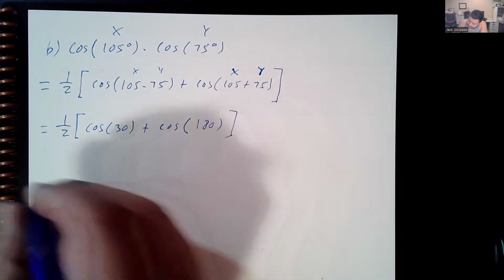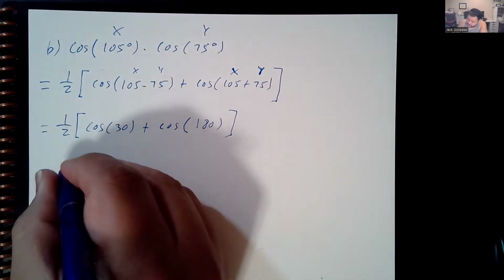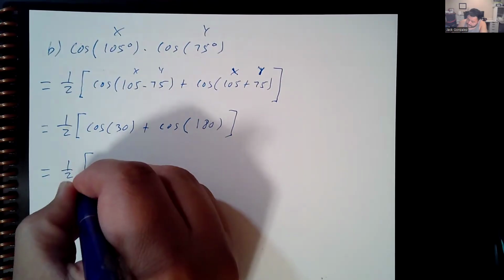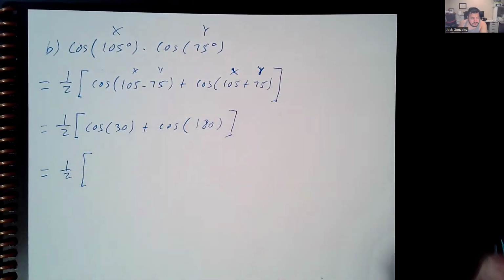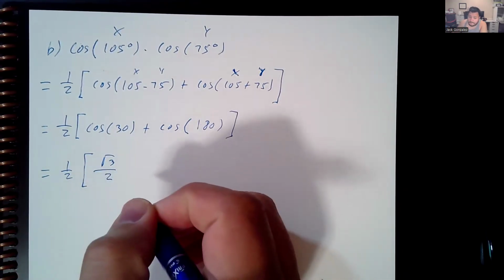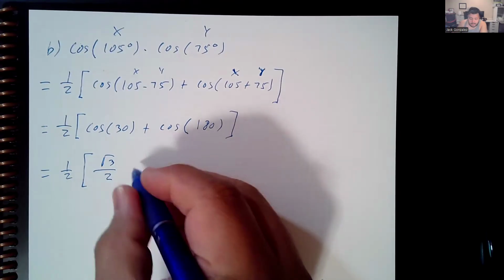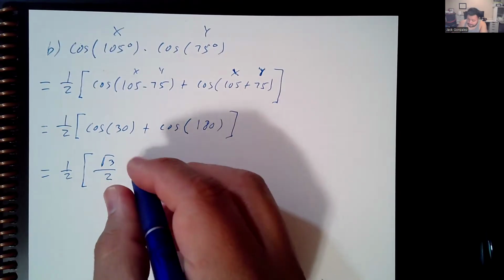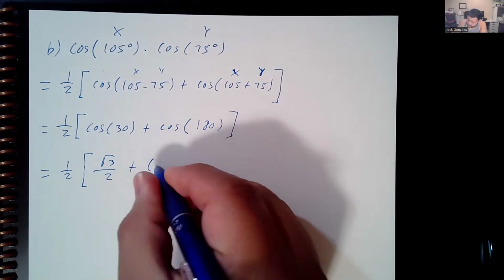Okay. So now look at your circle. What are those values? That'll be cosine 30. We just did that earlier. That's square root of 3 over 2 plus the negative 1.